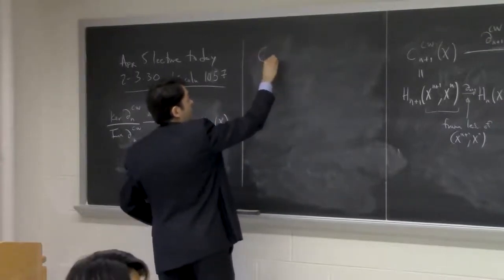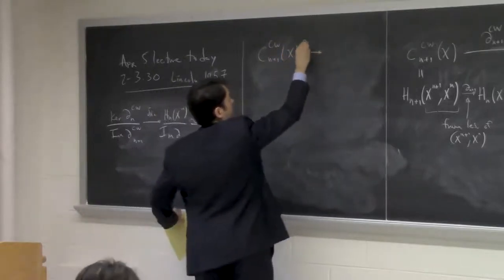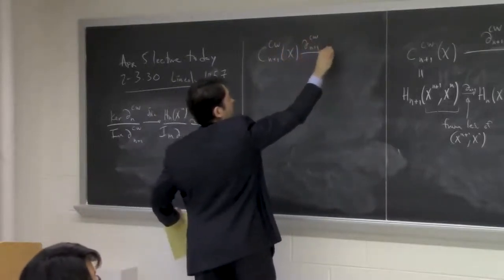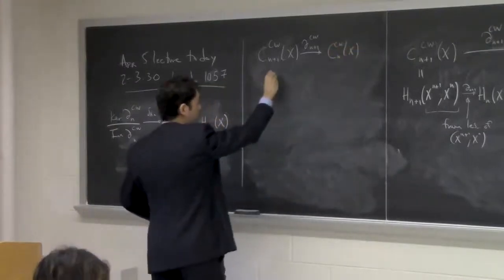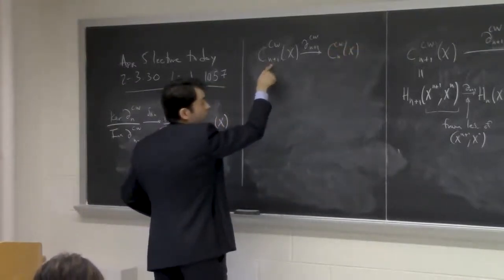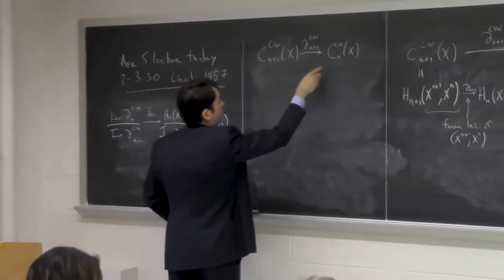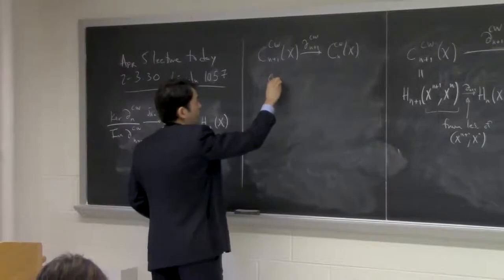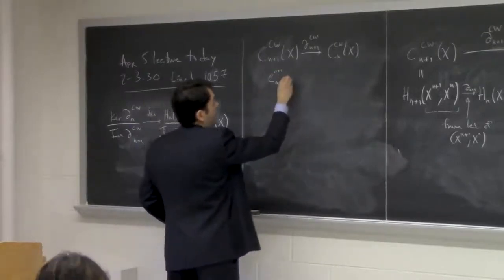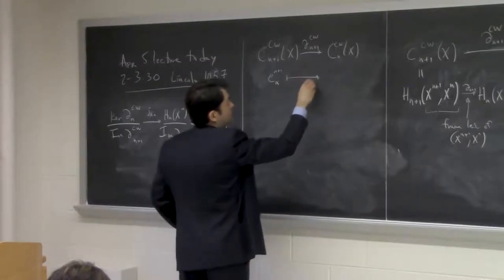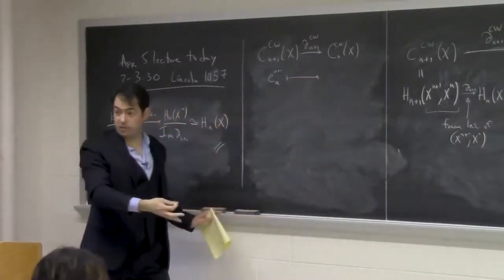So if we just have C n plus 1 CW X, this is the free abelian group on the n plus 1 cells. So let's say you were to take an n plus 1 cell, and then this takes it to the free abelian group on the n cells.